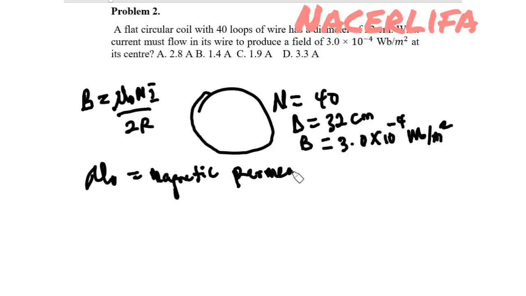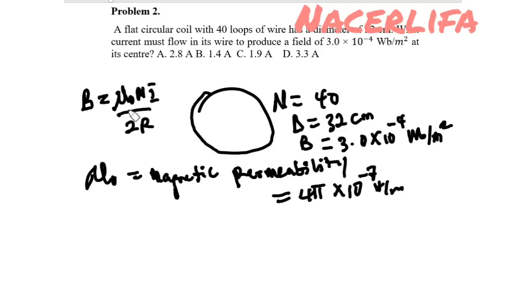You should not misconstrue this with permittivity, which is always written differently. So what we are talking here is magnetic permeability. It has the value of 4 pi times 10 to the power minus 7 Henry per meter.